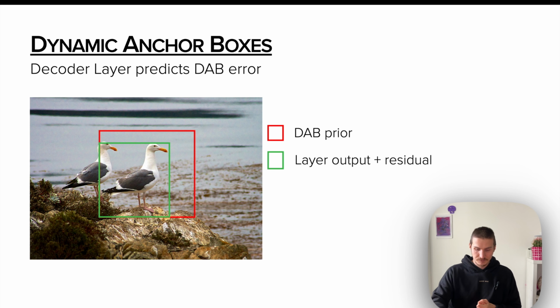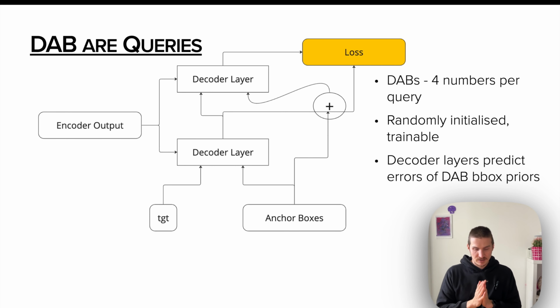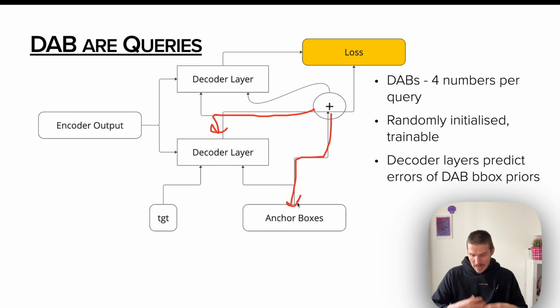Another way to look at this residual connection is during the backward prop. When we have the loss and compute the gradients with respect to the loss, this plus sign, this residual connection, basically means that half of the gradient will flow here and update the actual decoder layer, and half of the gradient will go here and update our initial anchor boxes.